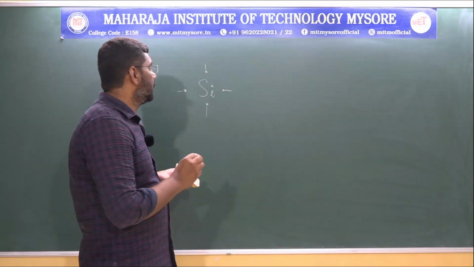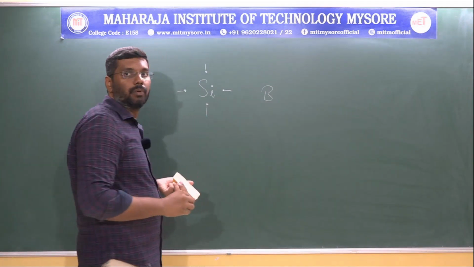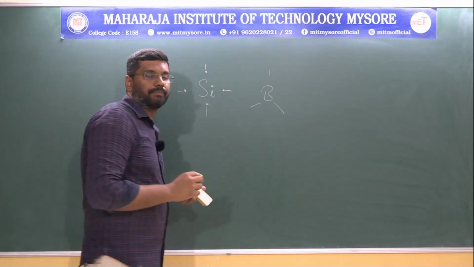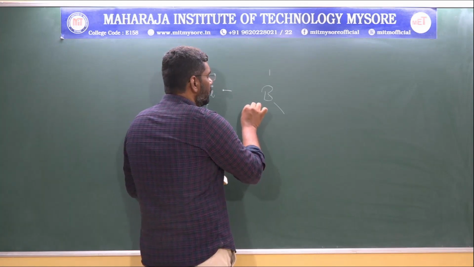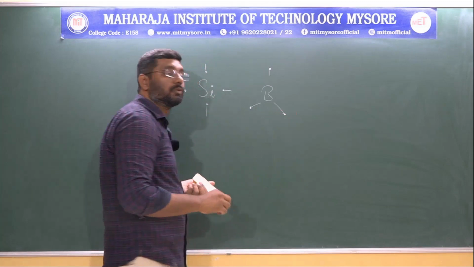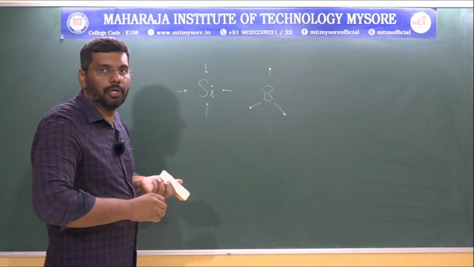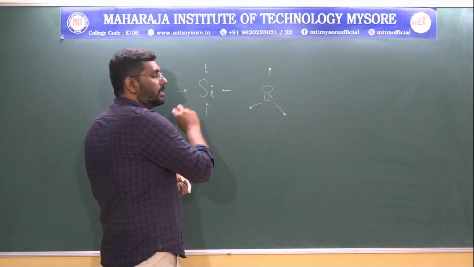So when this silicon is doped with boron, boron is a trivalent atom, which has 3 electrons in its outermost shell, and this boron has the ability to share these 3 electrons to combine with silicon, which is tetravalent.